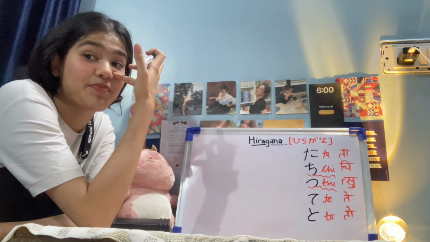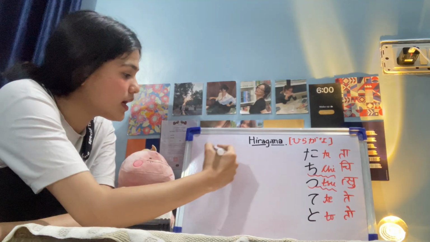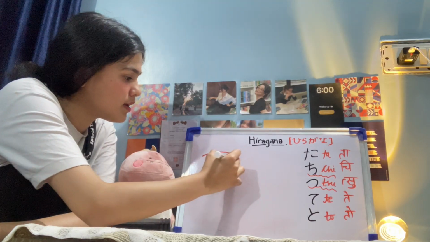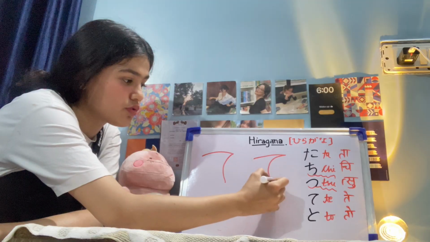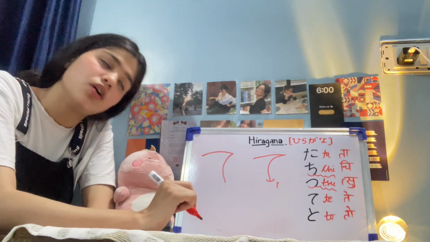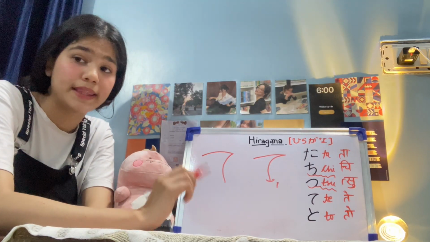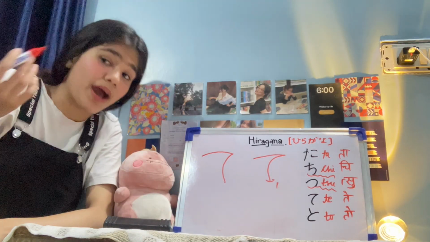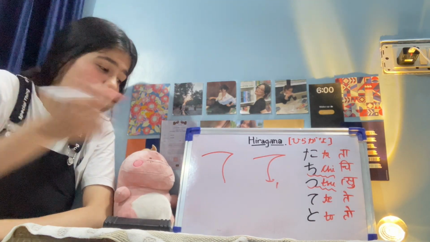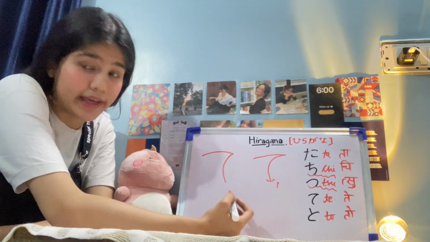Then we have te. Although this one, let me just first make it. Because only first stroke, one stroke, so te. Although I remember it with Kim Taeyong, somehow I managed to remember it, but you can go with a T again.